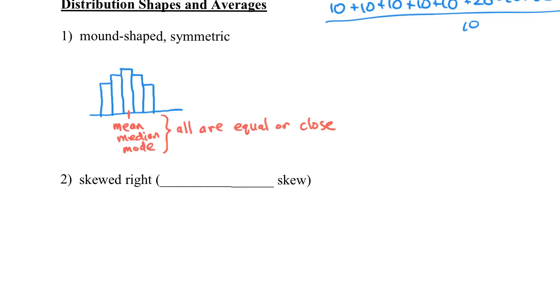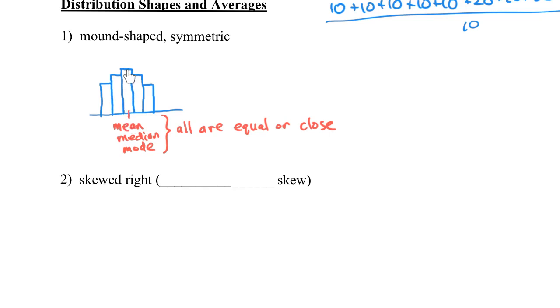Actually, I should mention one other thing before we do that. If you think of this geometrically, the median for any graph cuts the area of the graph in half. This isn't something you need to know, but it'll make it a little more interesting and easier to see. So for any distribution, the median cuts the area in half.